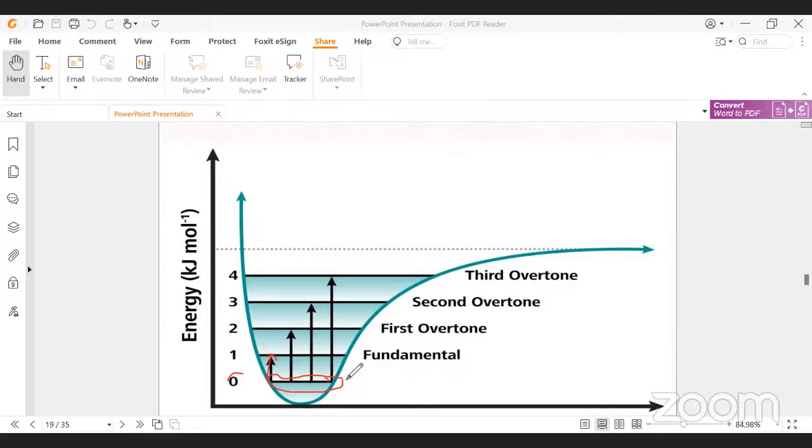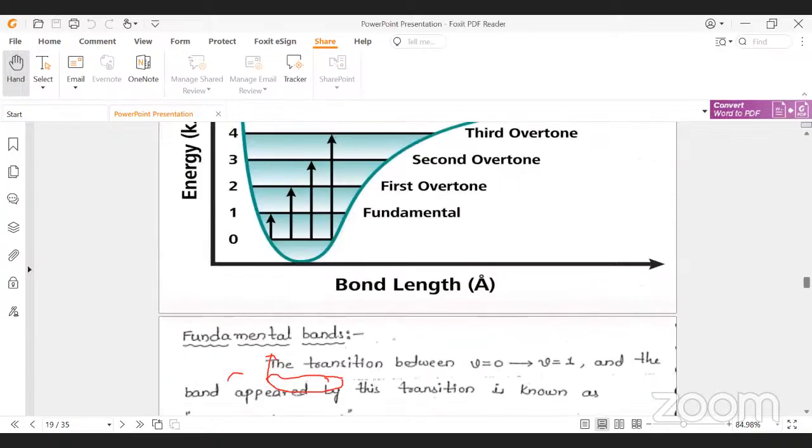The transition between V0 and V1 and the band appearing due to the transition is known as the fundamental band, the transition from V0 to V1.